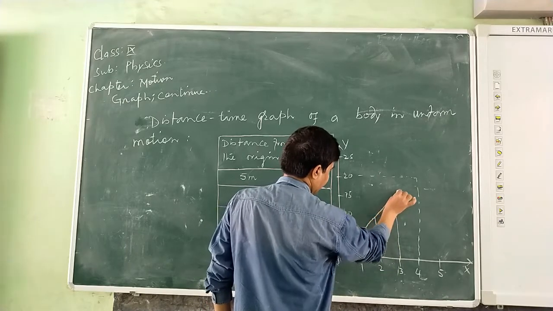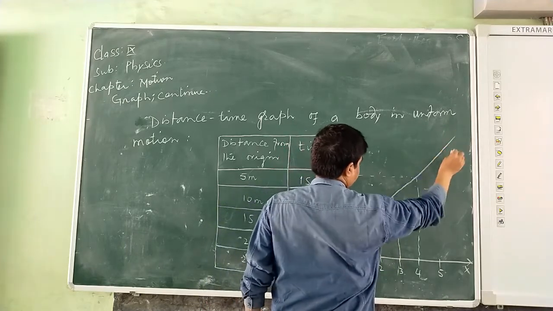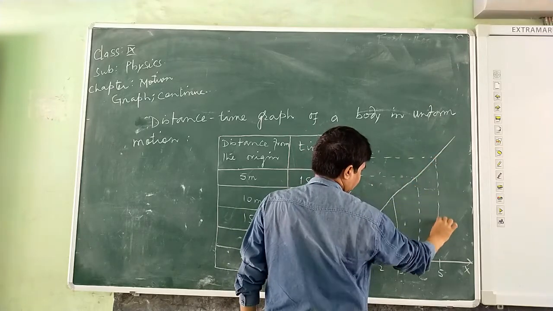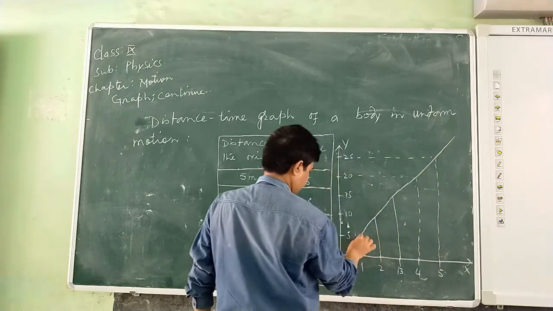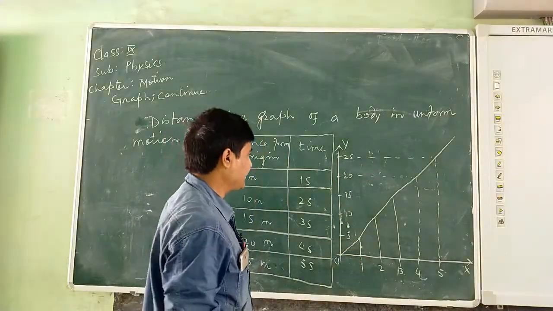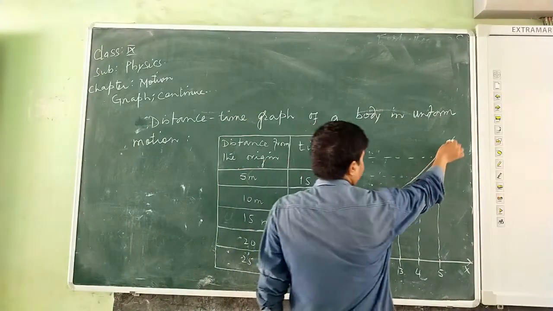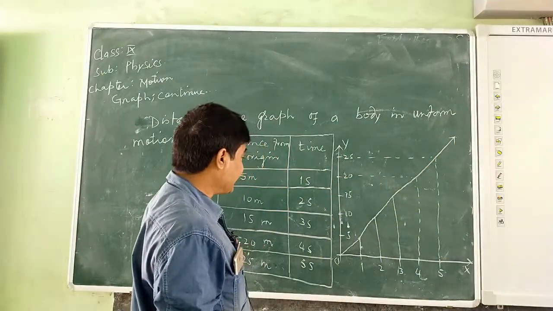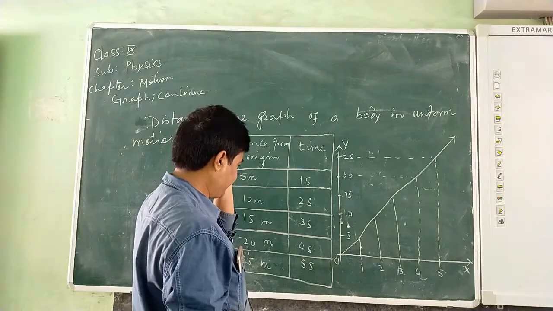when we join these points, we obtain a straight line, which is the graph. The graph is a straight line. The distance time graph of uniform motion is a straight line inclined at an angle with the x-axis.